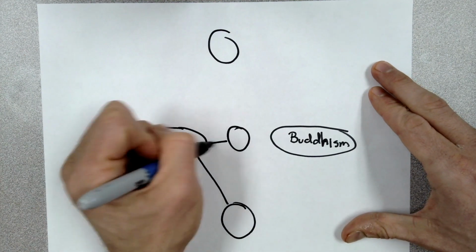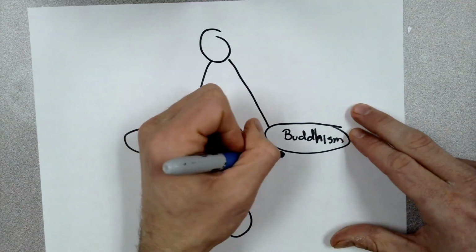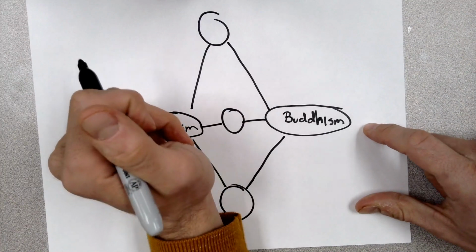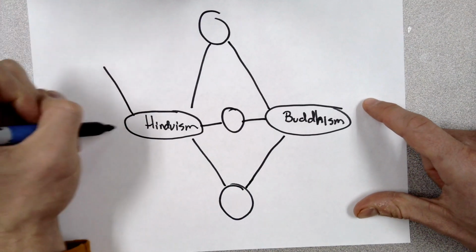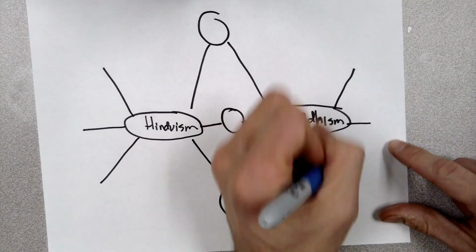Now yours is probably going to be a little neater than mine, and you're probably going to adjust your circles. Rather than writing your circles first and writing them super small like I did, which is not at all useful, learn from my mistakes: I would write the words and then put the circles around them. But you are going to be creating your very own Hinduism and Buddhism double bubble map.